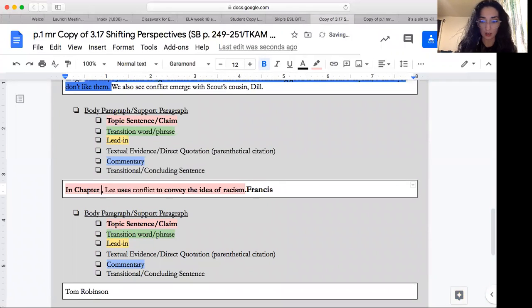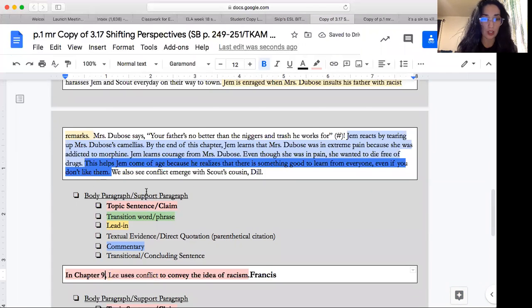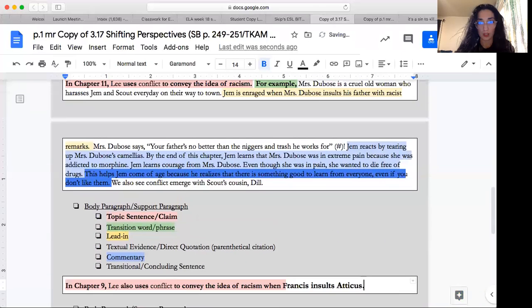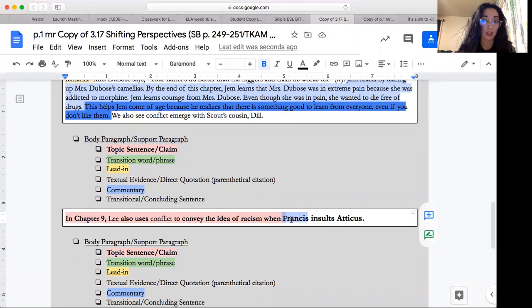In chapter 9, Lee uses conflict to convey the idea of racism. And then, so I don't say the same thing, I can say in chapter 9, Lee also uses conflict. So you don't want to say the exact same topic sentence. And maybe you can elaborate. Instead of ending the sentence there, you can say, when Francis insults Atticus. So first we had Jem getting mad because Mrs. Dubose insults Atticus, and now we have Scout getting mad because Francis, the cousin, insults Atticus.